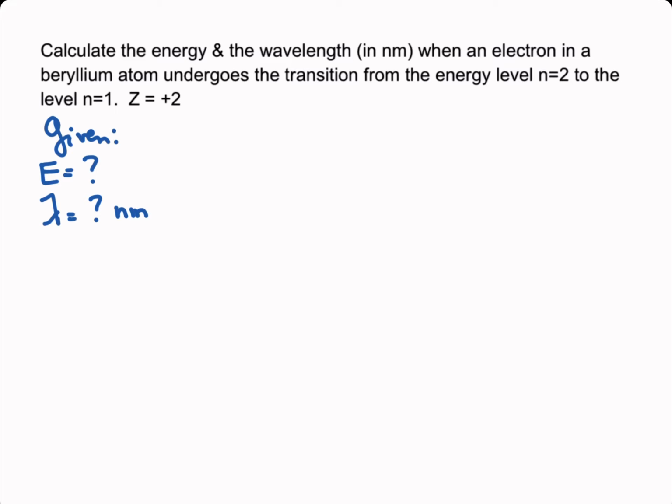And the electron starts off at energy level n equals 2. So my initial level is 2, and it transitions to energy level n equals 1. So my final level is 1.